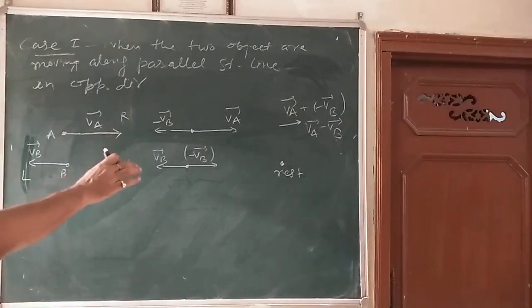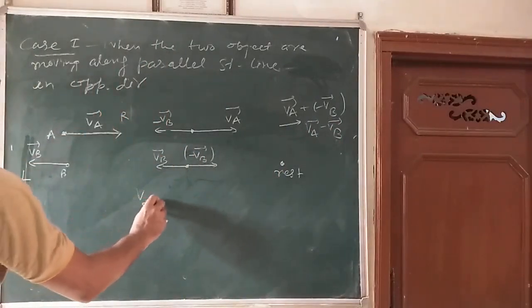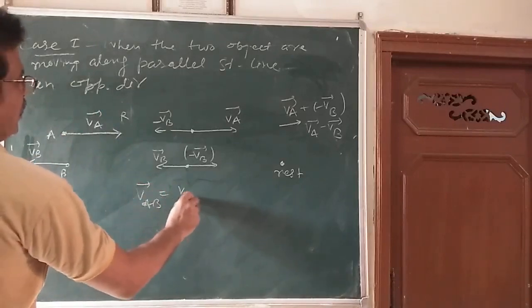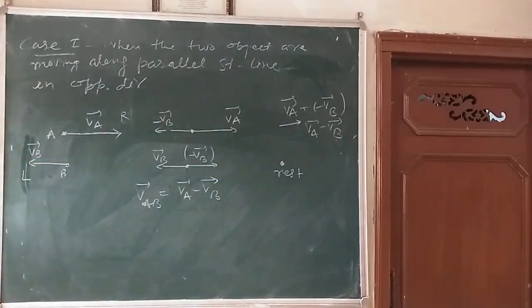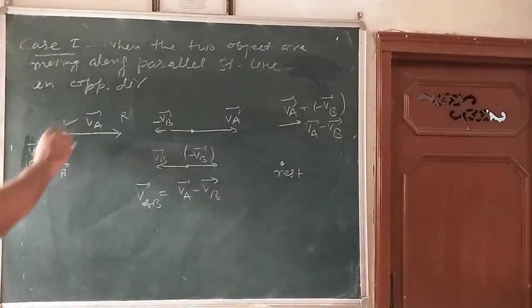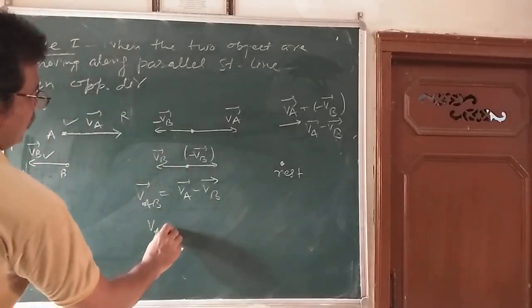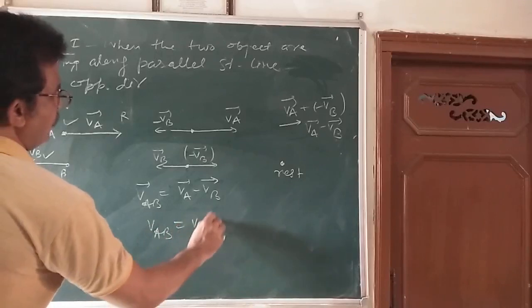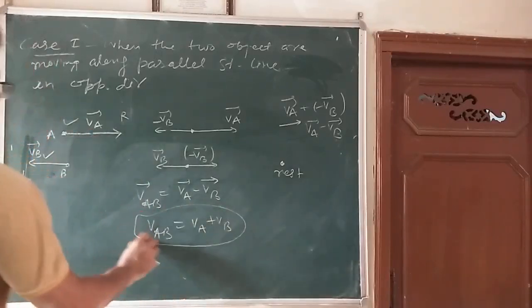So we can say the relative velocity of object A with respect to B is given by VA minus VB. Since the direction of VB is opposite to that of VA, the direction of both is opposite, the magnitude of VAB would be VA plus VB. This is the result.